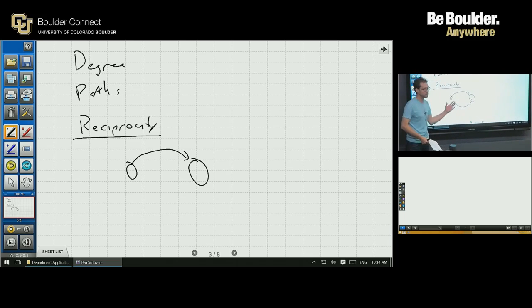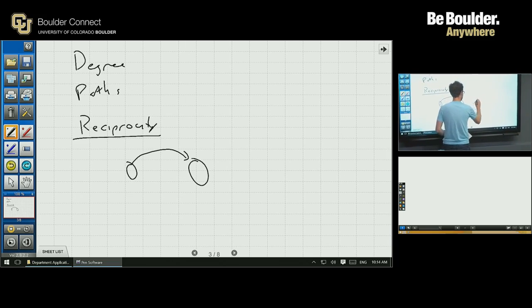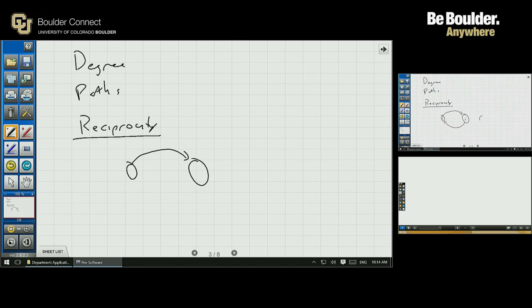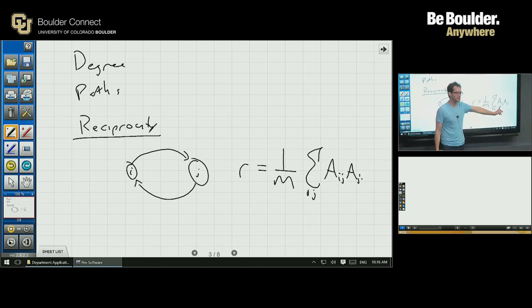Reciprocity is one way that you can measure something about a directed network. So the way you calculate reciprocity is very simple. It's R, which is for the entire network. It's an average over edges. And in adjacency matrix notation, it's A_ij times A_ji. Recall that if A_ij is 1, I have an edge that goes from i to j.